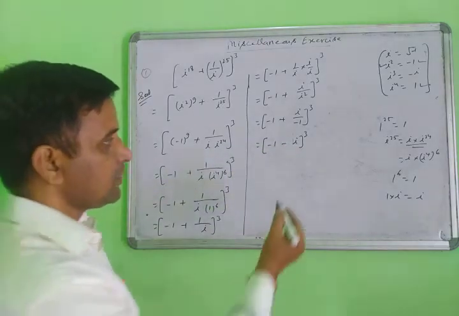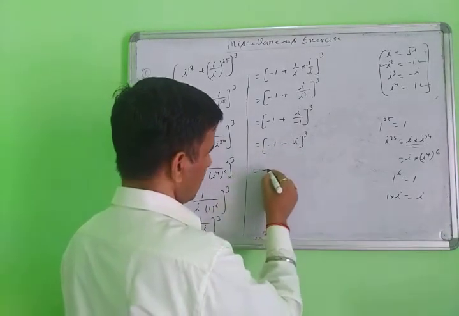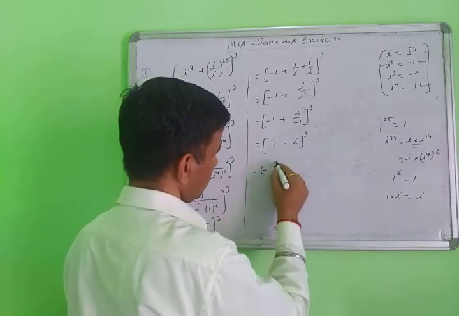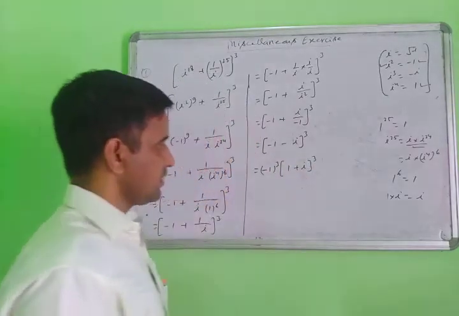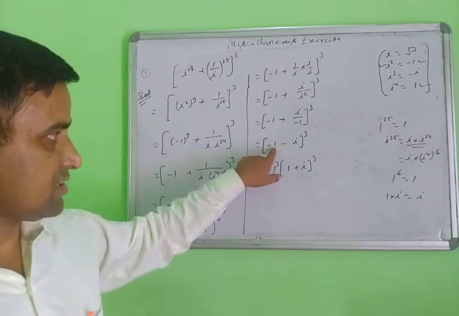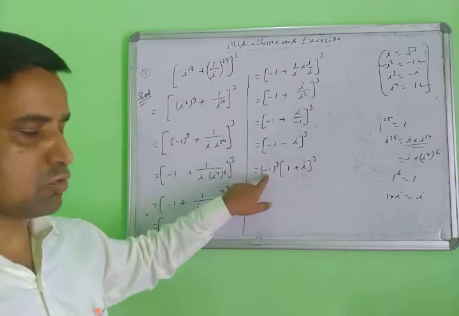Then you take minus 1 common. Taking minus 1 common as an exponent, what is left is 1 plus iota. Both in the first term and the second term I am taking minus 1 common.